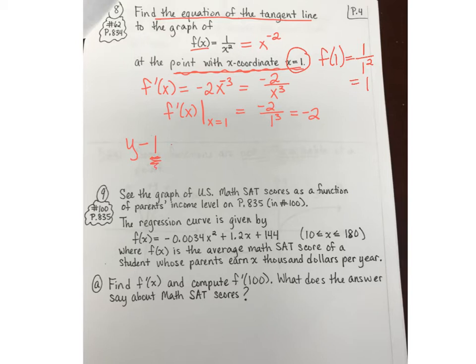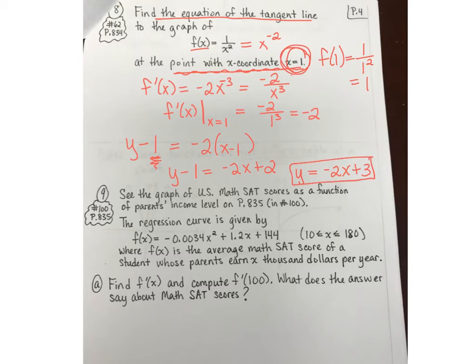So we get y minus 1 equals, we have our slope, negative 2, times the quantity x minus 1, which comes from that x coordinate there. So we get y minus 1 equals negative 2x plus 2, or y is equal to negative 2x plus 3.